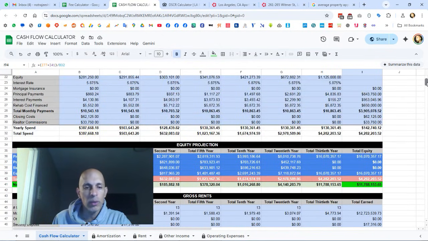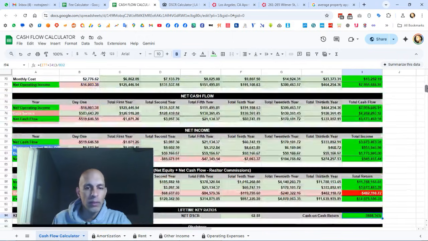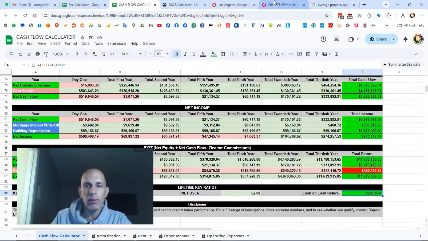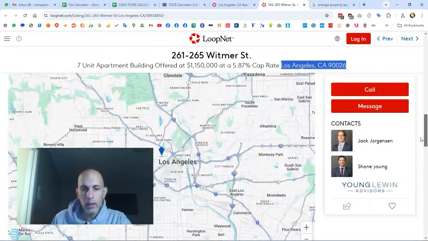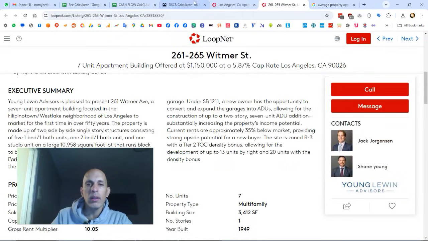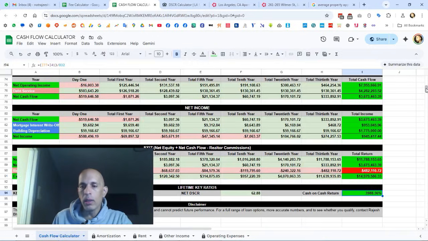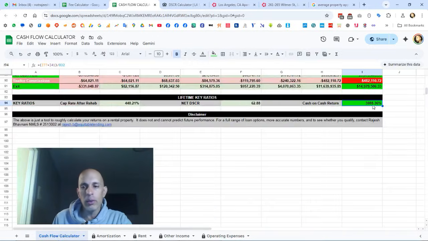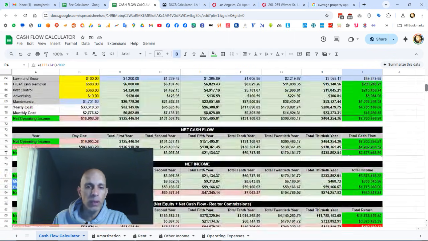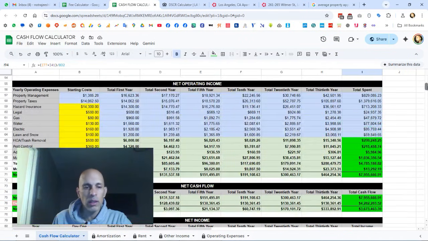You just want to do it by right without having to get all their city approval and stuff like that. With the density bonus, you can do it, and I think it's absolutely worth the hassle. But if you don't want to do it and you just want to keep it simple, you're walking away with 40x your money or 41x your money at the end of 30 years.